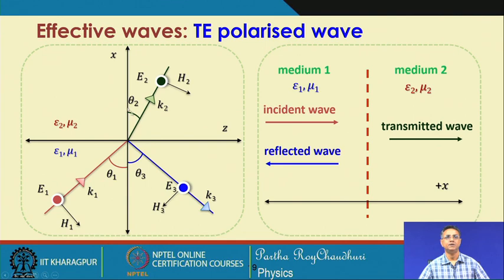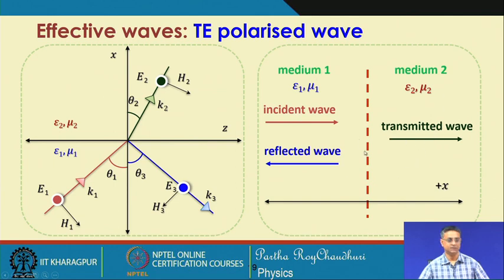Now, the effective arrangement of this is like this: you have an incident wave which is effectively travelling along the x direction, the reflected wave is in the backward direction, because this is the interface which is perpendicular to this, and the transmitted wave goes from the interface.